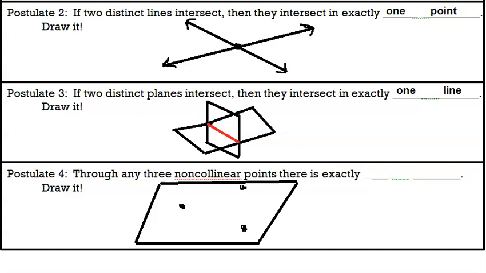That was just really bad, but we'll get over it. Through any 3 non-collinear points, there is exactly 1 plane. And remember, when we name planes, we use 3 letters. So let's say we had point D, point E, and point F. Then you would officially name this plane, if somebody asked you to do it, Plane DEF.